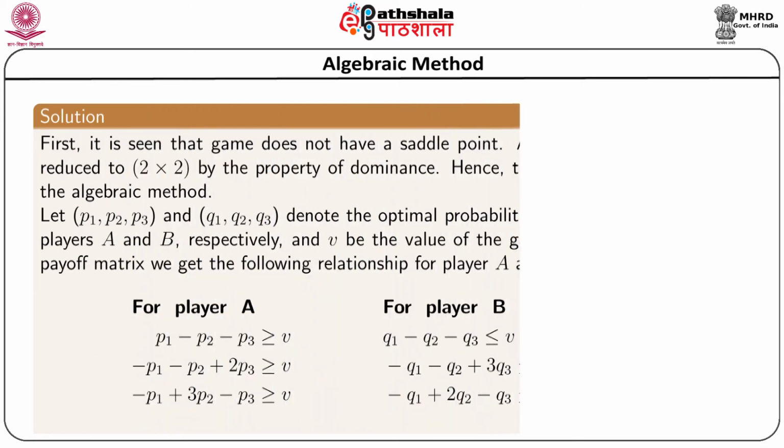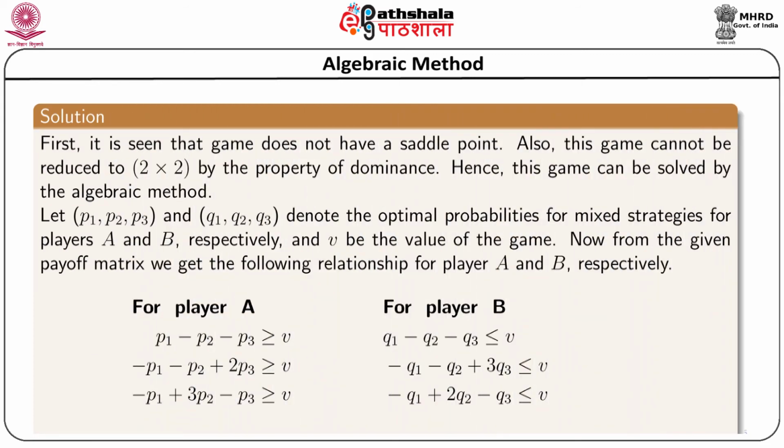First, we notice that the game does not have a saddle point. Also, this game cannot be reduced to a 2 by 2 game by the property of dominance. Hence, this game can be solved by the algebraic method.